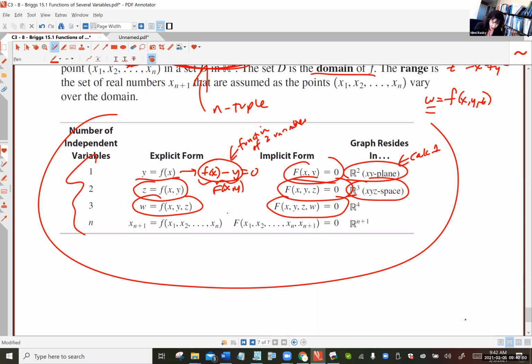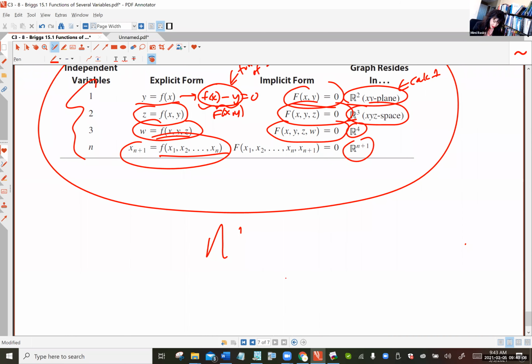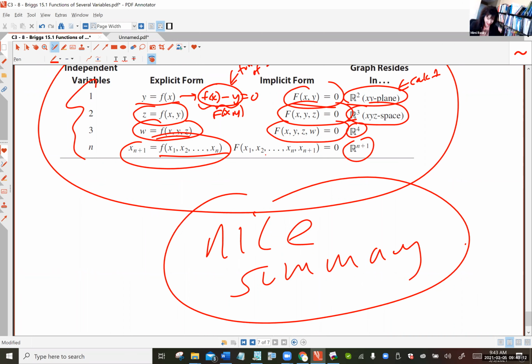And for a function of 3 variables, you would need 4 dimensions to graph it. Forget about it. You're not going to graph it, but you can talk about R4. And for a function of n variables, you would need n plus 1 space to graph it. So don't even think about graphing it. But hey, it could happen. But this is a nice summary for all the possibilities of functions of more than 1 variable, for sure.